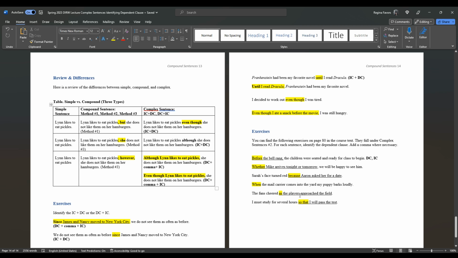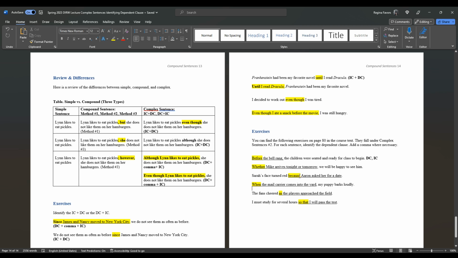So at the beginning: "when the mail carrier comes into the yard," underline, and then "my puppy barks loudly." Add a comma here. Again, when it's at the beginning of the sentence, you need a comma after the end of the dependent clause.